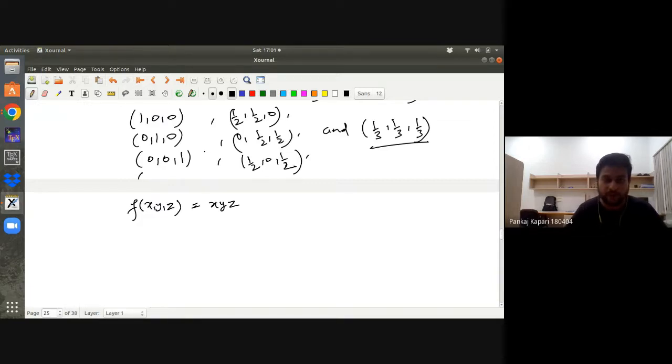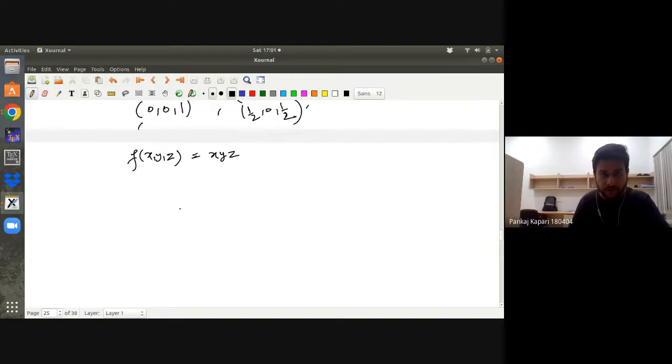Therefore the value of the function at all of these points where one of the coordinates is 0 will be 0, right? And what about the value of the function at 1 by 3 comma 1 by 3 comma 1 by 3? It is 1 over 27.